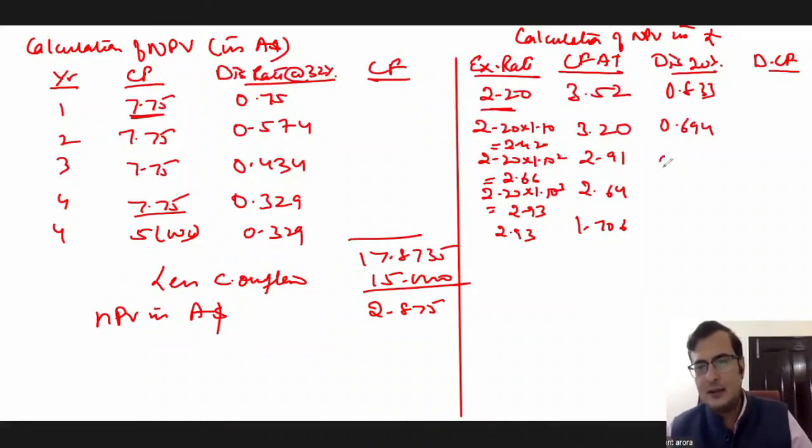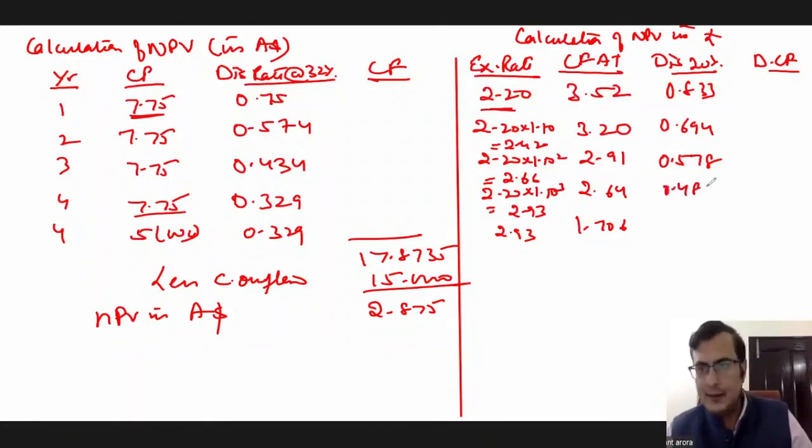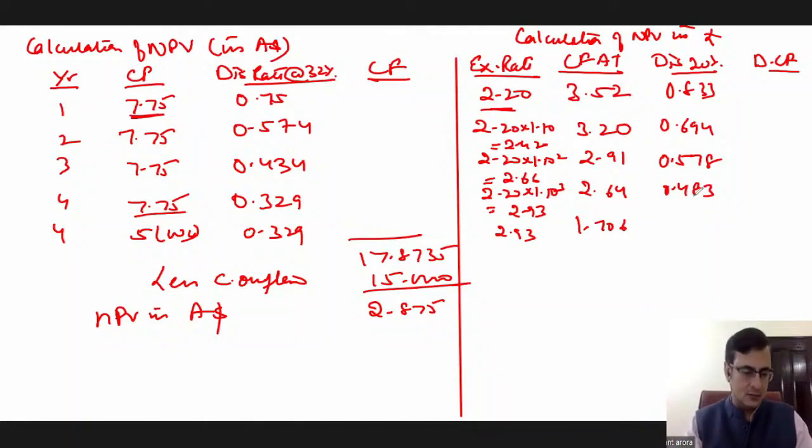So 578 into 2.91 memory. 1 divided by 1.2. 0.483. Okay, and 0.483 into 1.706.